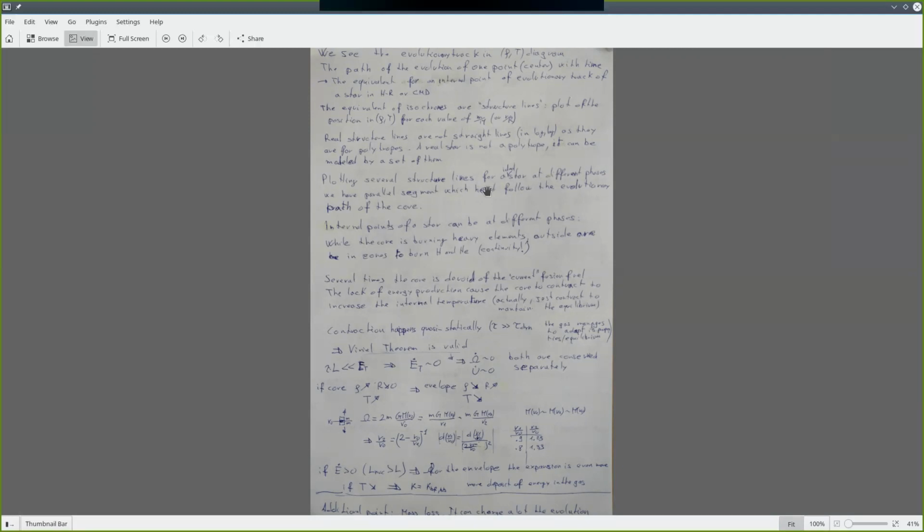The part where degeneracy is present is just good for a cool down, because if you start a nuclear reaction, there will be some problem of stability and runaway, nuclear runaway.